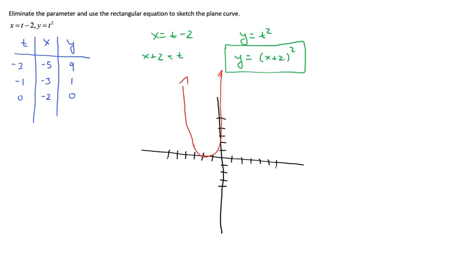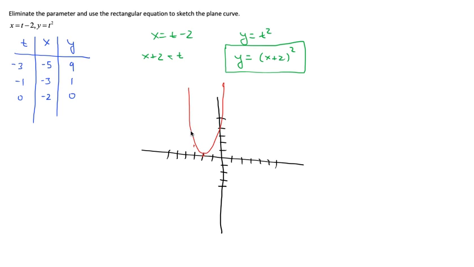Now we actually do want to denote the orientation of this curve. When we say the orientation of the curve, what do we mean? We mean increasing values of t. Of course, t starts at negative infinity, which is all the way up here, but my points keep going this way, from left to right.